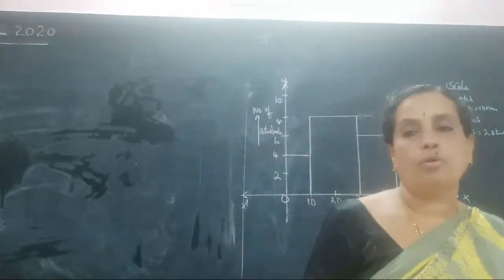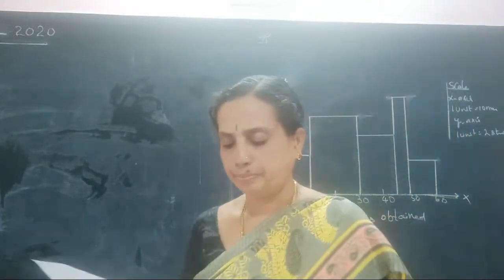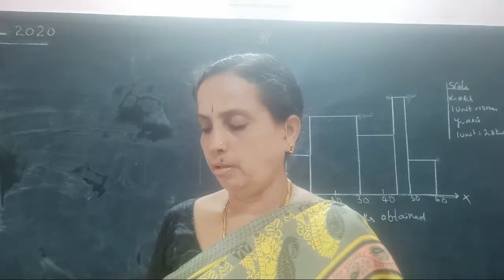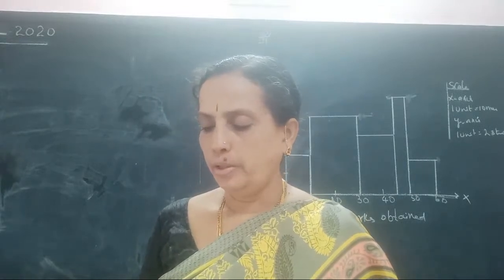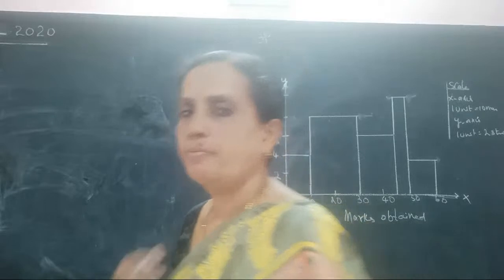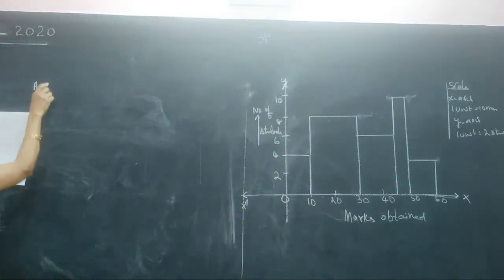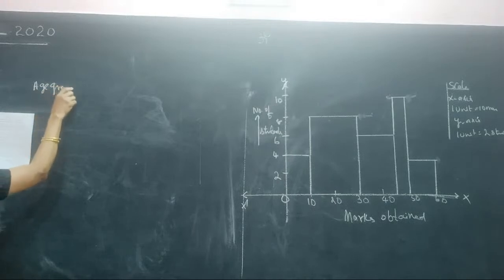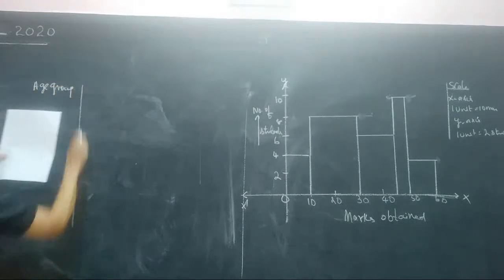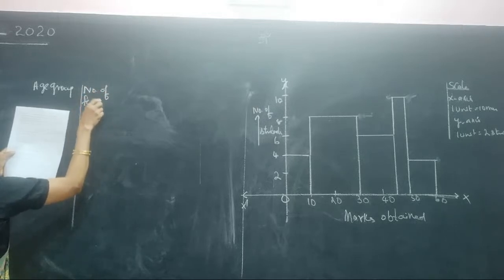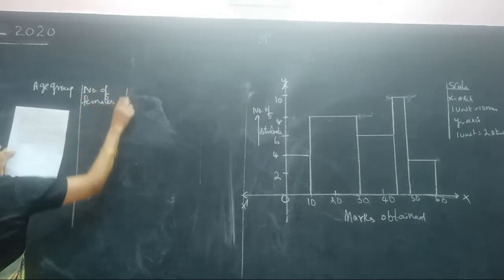Here comes question number 3. Draw a histogram to represent the data: age group and number of females. Get the table. Age group shows the class interval; number of females is the frequency.